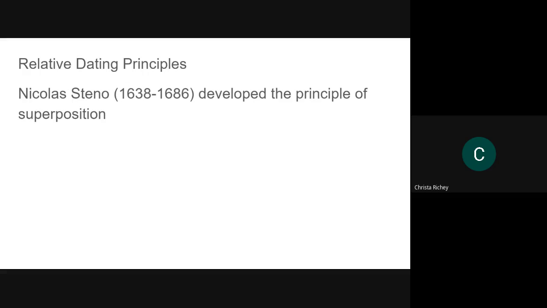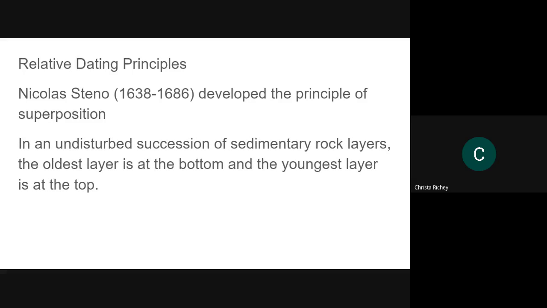So we are going to be talking about relative dating principles. We're going to talk about this for a couple days, just because there's way too much to fit into one lesson. There was an individual who came up with 3 of the 4 concepts we're going to talk about. He came up with superposition, horizontality, and also lateral continuity.